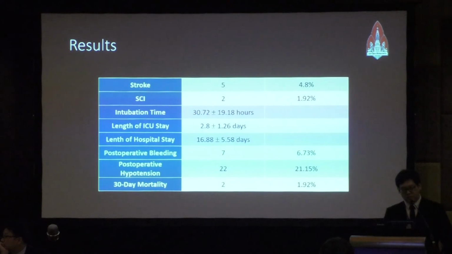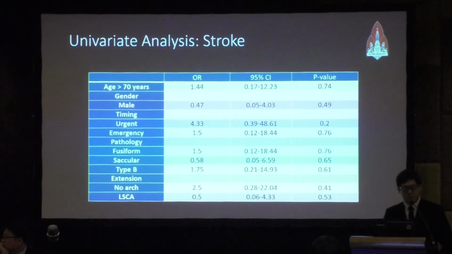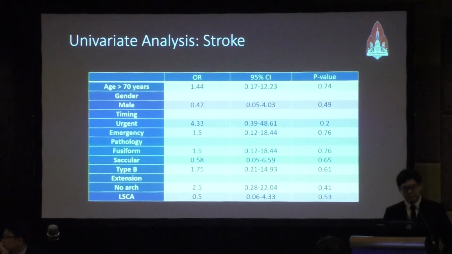So we performed univariate analysis to try to find the risk factors. Unfortunately, in the first place, we didn't find any risk factor associated with stroke: age, gender, timing of the surgery, the pathology, and the extension of the disease.